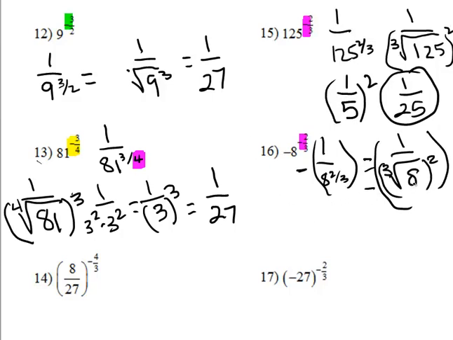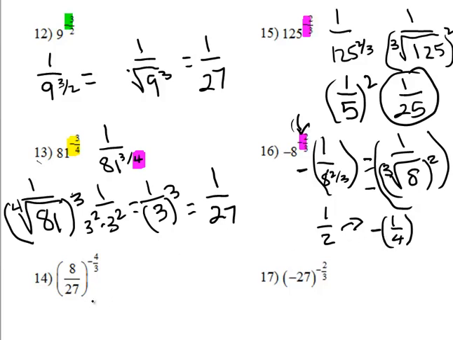So the cube root of 8 is 2, and 2 squared is 4. So I have 1/4, and it's a negative. So again, the first thing I did was look at the negative exponent and make it a reciprocal. Then I set up the radical. Then and only then did I deal with the negative sign.